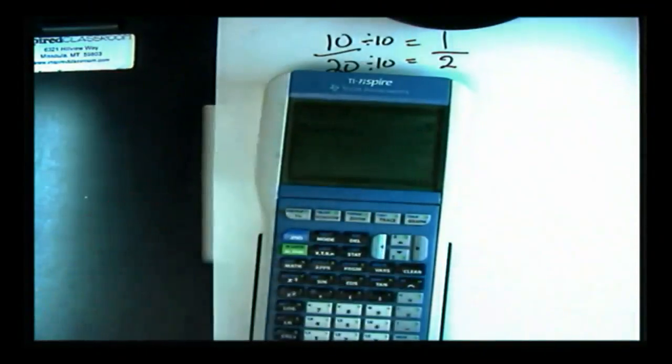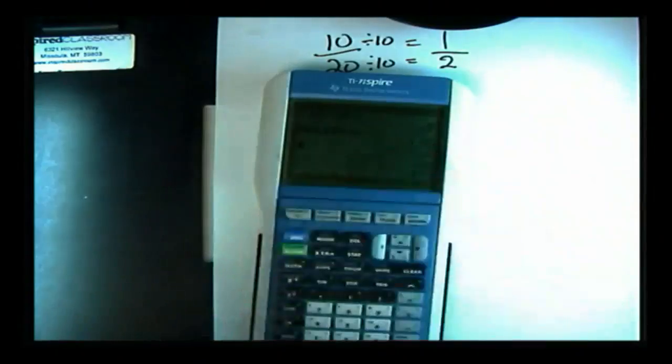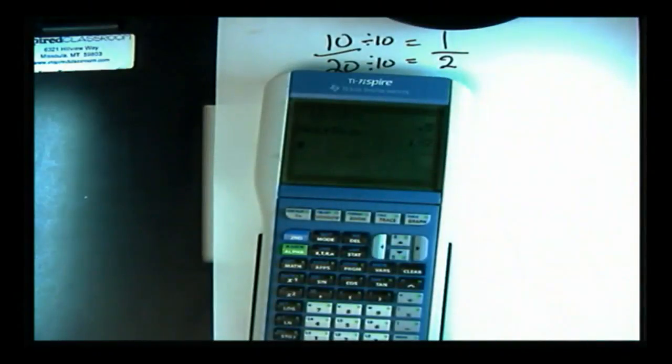I hit that, and it tells me 1 divided by 2. So your calculator will simplify problems for you in many, many ways, which is good because we only have 1 minute to answer each one of these questions on this exam. But knowing how to do that on your calculator will be very beneficial for you in the future.